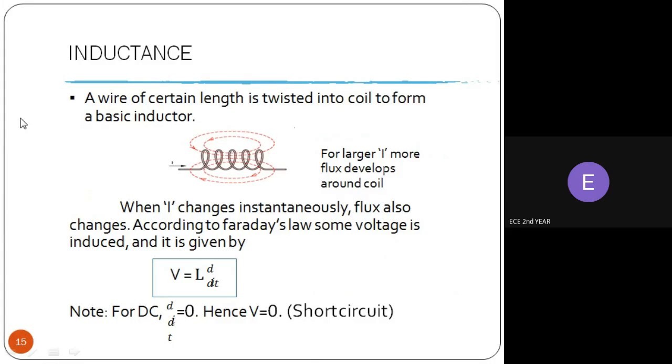When a time varying current passes through the inductor, a flux is produced, and when the current changes instantaneously, the produced flux also changes instantaneously according to Faraday's law. There will be some voltage induced inside the coil, which is given by V equal to L di by dt.